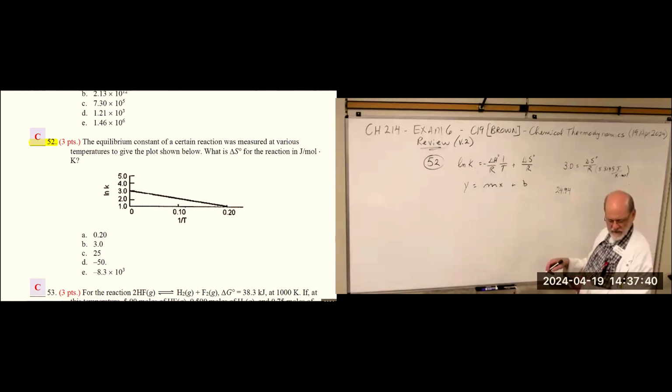The units for delta S have to be joules per K mole. They rounded off to 25, to 2 significant figures, probably because this is 2. So this should be rounded off to 25.